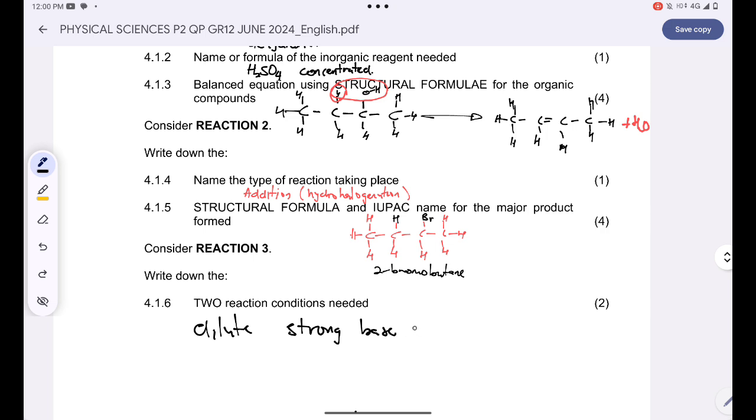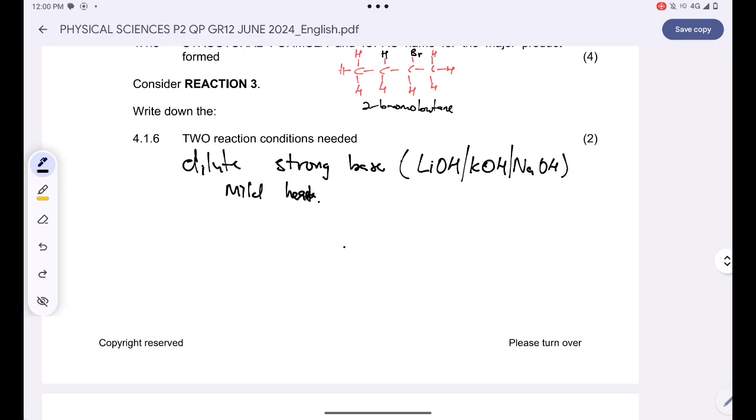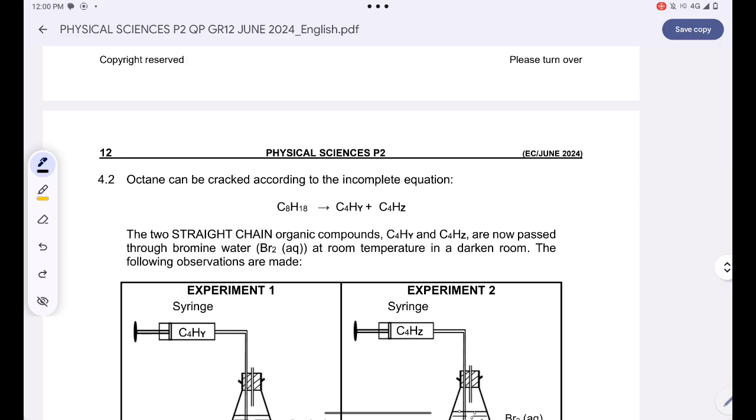And that base can be lithium hydroxide, potassium hydroxide, or sodium hydroxide as well. But please note that, guys, your strong base has to be dilute. The other condition you just need is mild heat.